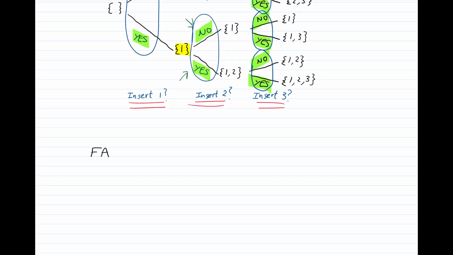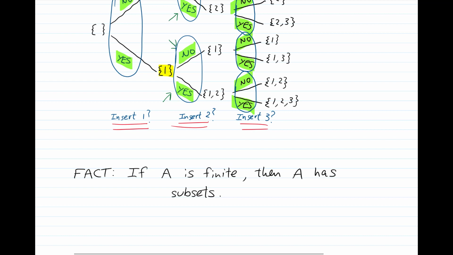Let's write this as a fact. If A is finite, then A has, and I'm going to leave a blank, subsets. And I'm going to write down how many subsets it has. It has 2 to the power of however many things are in A. And how have we been writing that? We've been writing it like this.